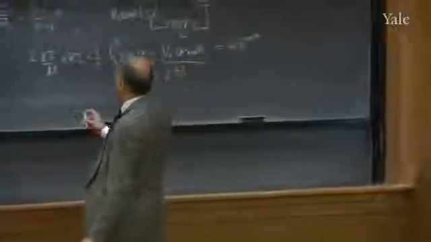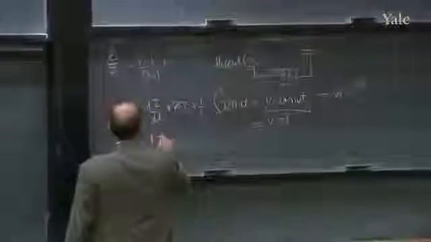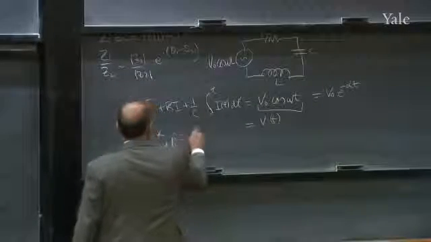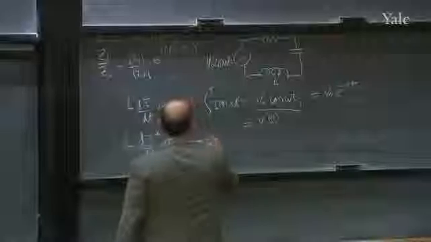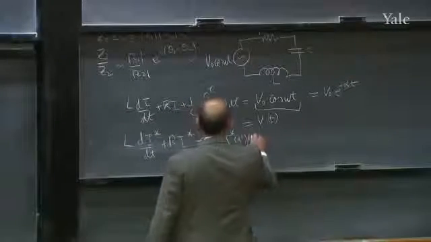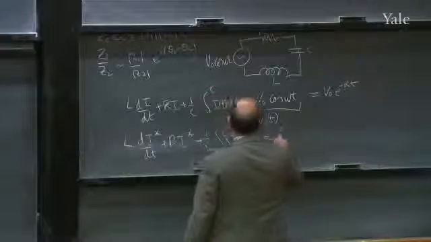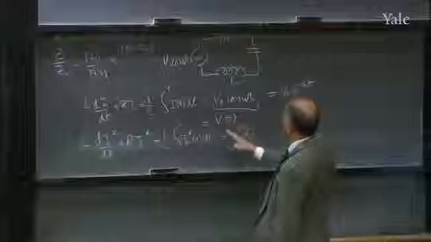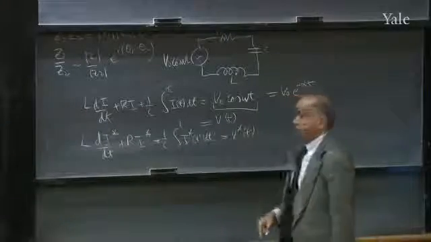So it means L di star/dt plus R times I star plus 1 over C integral I star of t prime dt prime up to t equals v star of t. So star is the rule by which if v had real and imaginary parts, you flip the imaginary part.